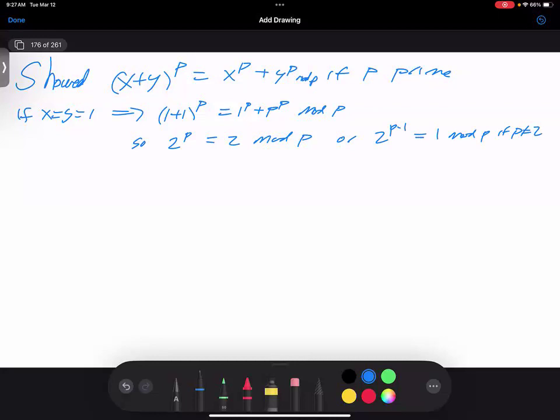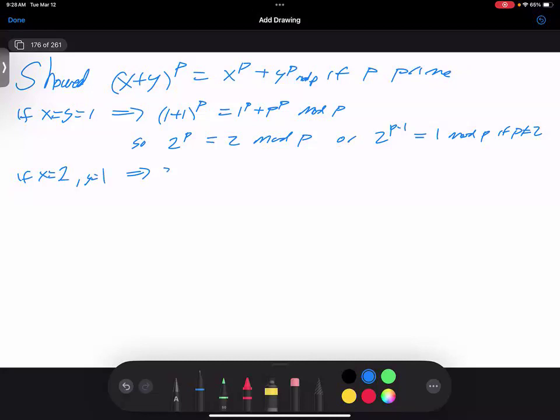Now that we have x equals y equals 1, what would be a good choice next? We've just calculated 2 to the p. What do we want to calculate next? 3 to the p. So how should we get 3 to the p? Excellent. Do you see how we're just building up?